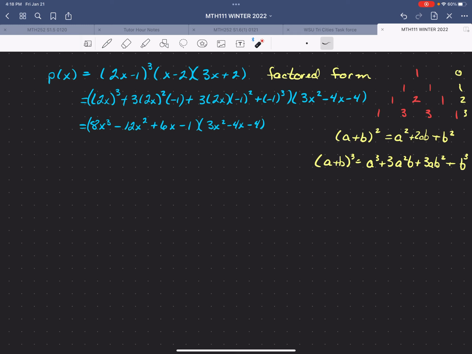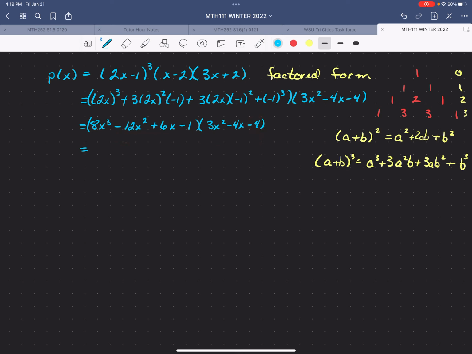Now I'm going to multiply this guy through this guy, which really means I'm going to start with the 3x squared and distribute it through. Then I'm going to take the negative 4x and distribute it through, and then the negative 4 and distribute it through. And then when I'm all done, I'll combine like terms.